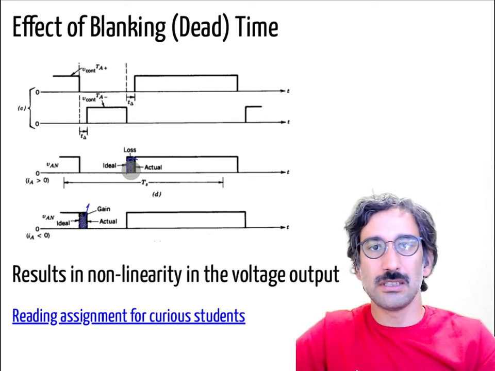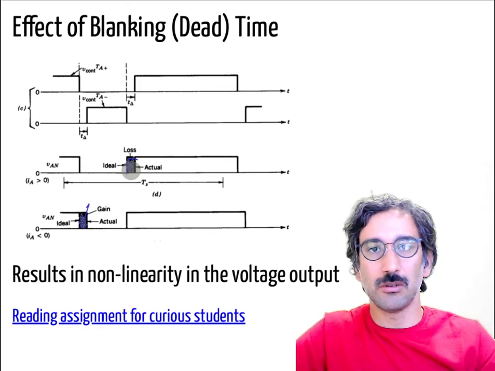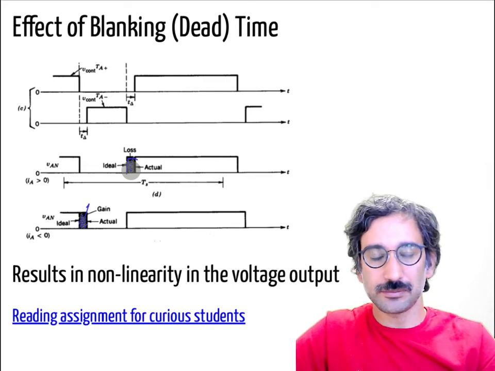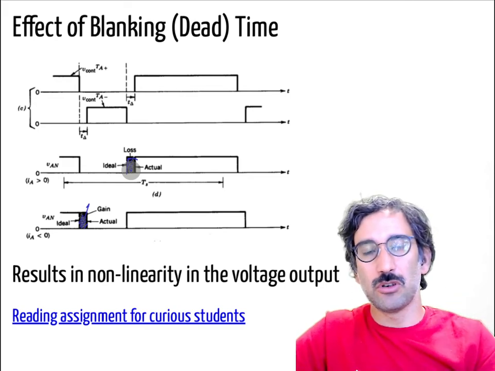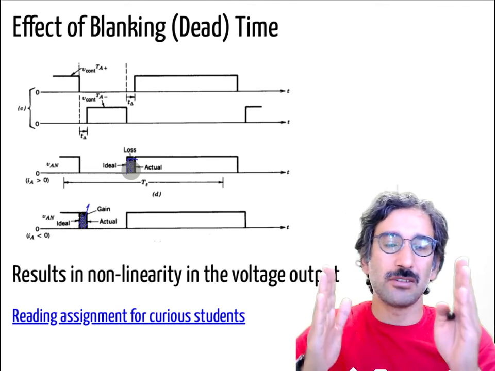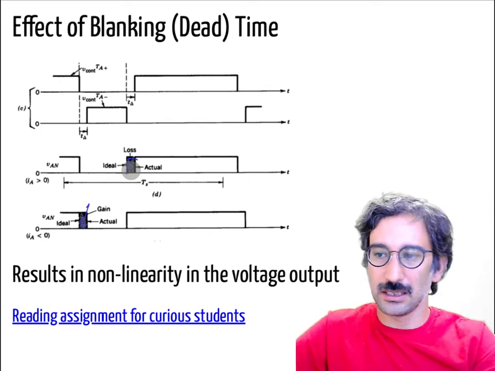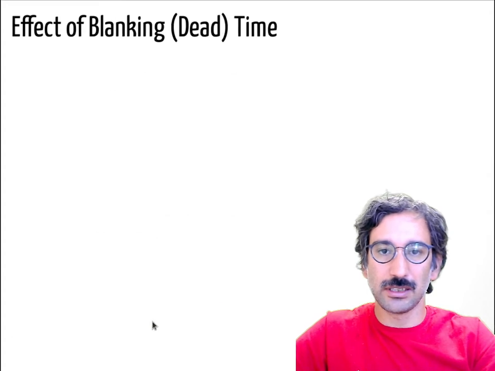If your system is not that accurate, maybe you can ignore that. However, if you want to get rid of that nonlinearity, you can introduce correction algorithms, so you can estimate the portion that will be lost and try to give a slightly longer PWM signal. If you are interested, you can find reading material on that.